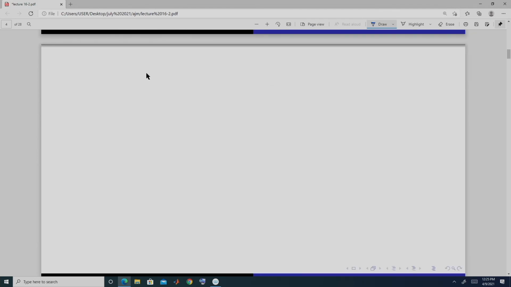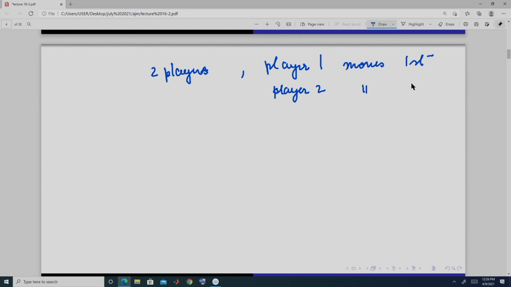Suppose there are two players, player 1 moves first, and player 2 moves second. We represent the game in this way.